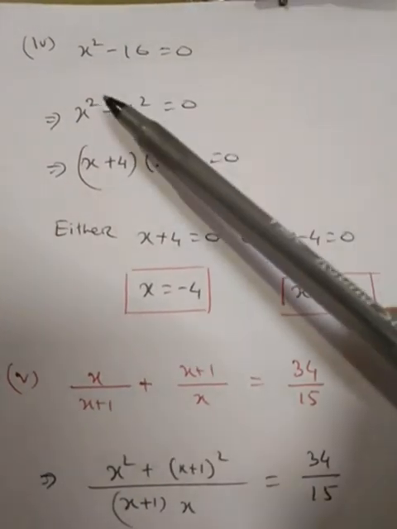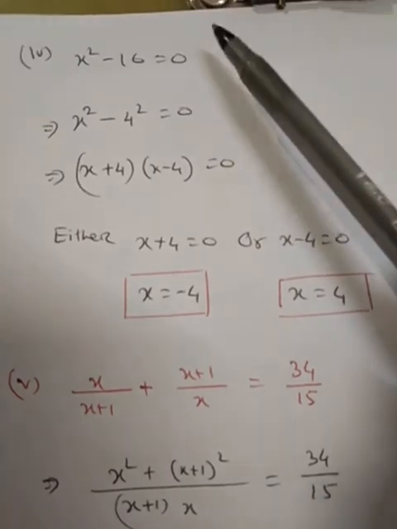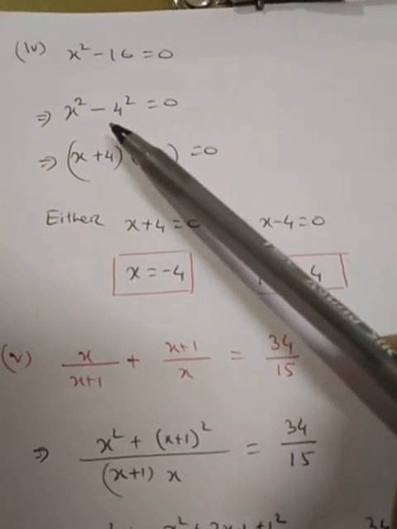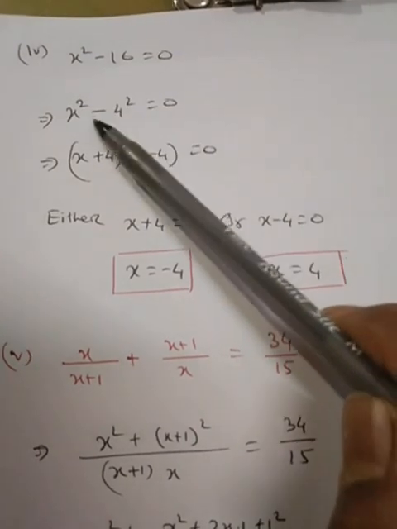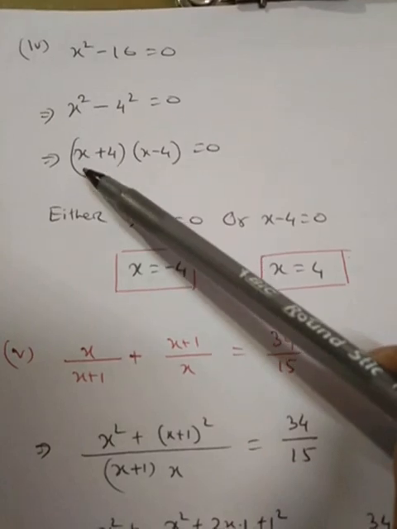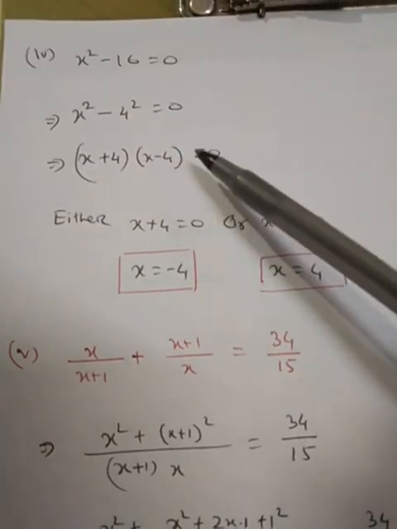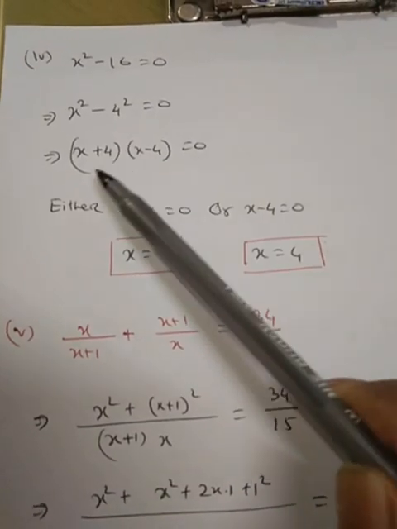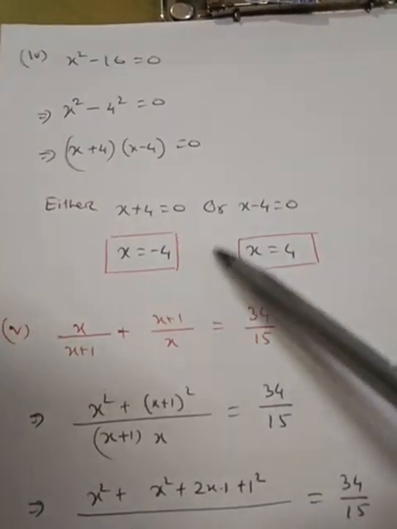Next sum is x² − 16 = 0. Here we have used the a² − b² identity, because this is very simple. So then x² − 4² means it is (x + 4)(x − 4), which equals 0. Product of two factors 0 means either the first is 0 or the second is 0.